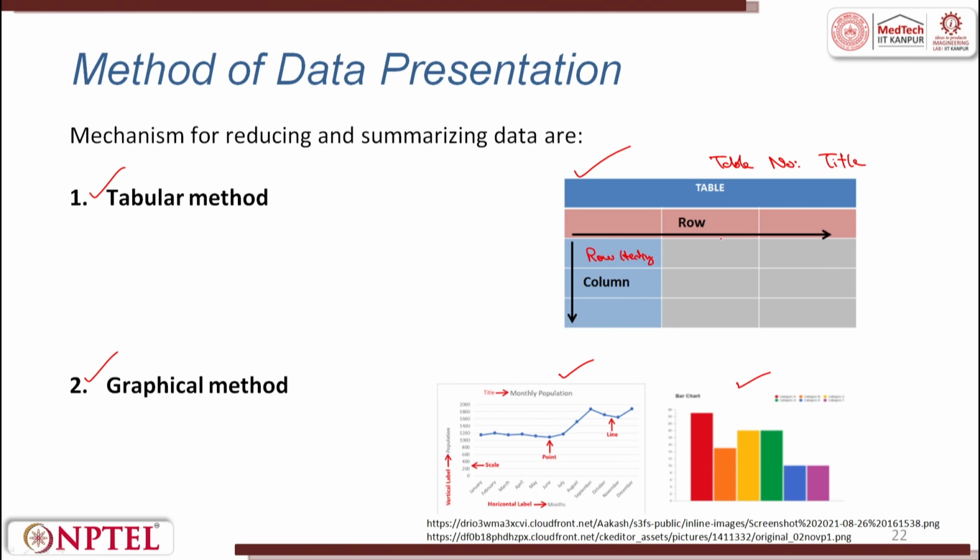For each row, you could have column headings. And then there is the body of the table. Also, we can have some pointer, for example, to a specific data point that is of more interest for you to present. You can have a footnote here. So this is a table.